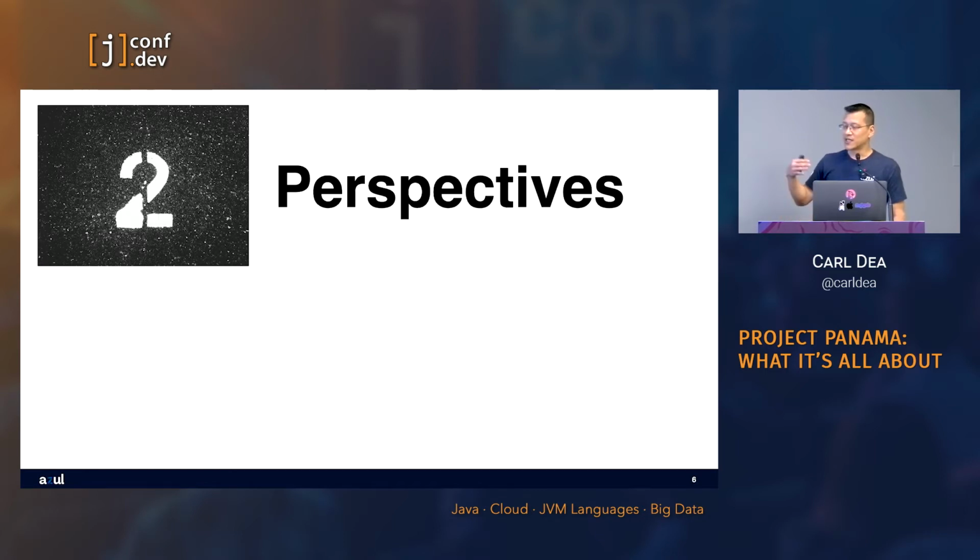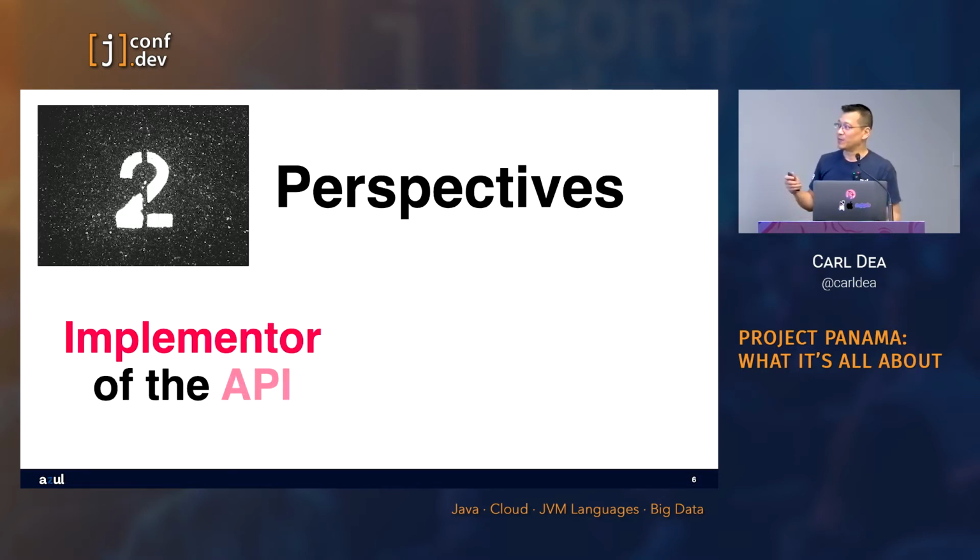Just to give you more context as to the pain points of JNI, I always show two perspectives. This is a real story because JNI has been around forever, and I used to write JNI code as an implementer of an API. You would write the C code, the wrapper code, and then create an API that's friendly to Java developers, and Java developers would use that API.